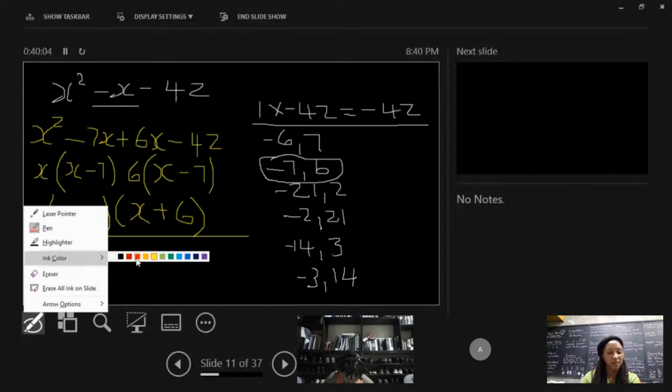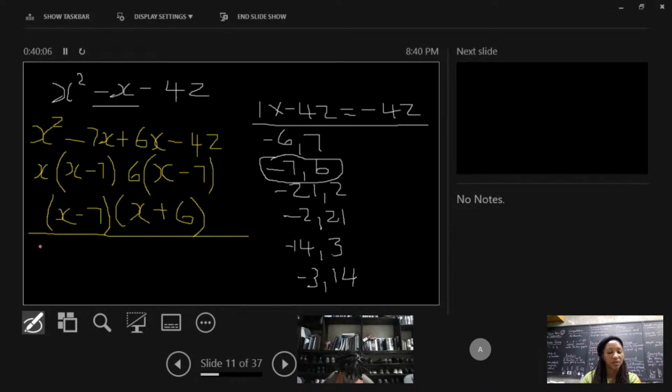So, yes. All right, so using the distributive law, let's expand. So it's x times x, and that will give x squared, miss. Okay, and x times positive 6 would give plus 6x.